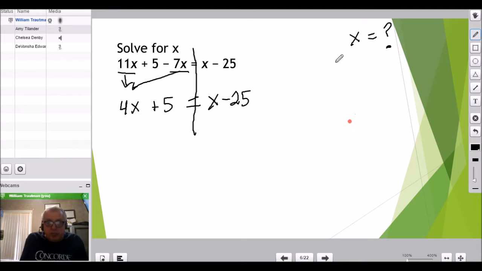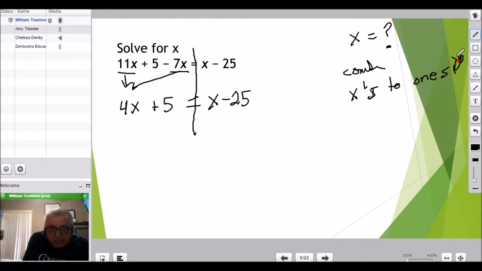The next step was get x's to one side. You want to get all the x's to one side, and you want to try to keep your x's positive. You can make them negative if you want, but it's easier if you keep them positive. So in other words, I want to take this x to the other side.